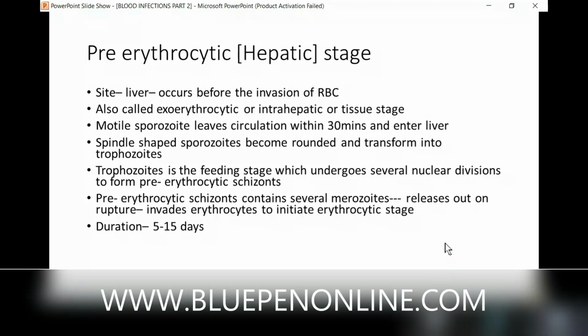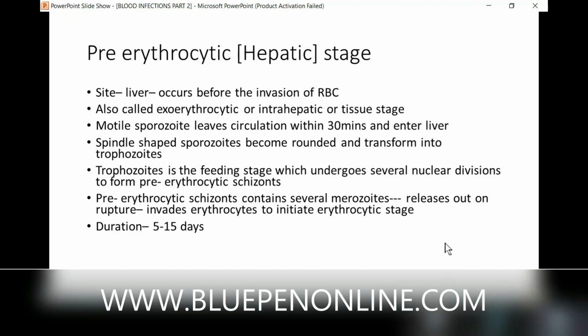The next is the pre-erythrocytic stage. That's what I told you, the hepatic stage. The site is the liver, before the invasion of the RBC, also called the exoerythrocytic, intrahepatic or tissue stage. Motile sporozoites leave circulation within 30 minutes and enter the liver. These sporozoites are spindle-shaped. They then become rounded and transform into oval-shaped trophozoites.